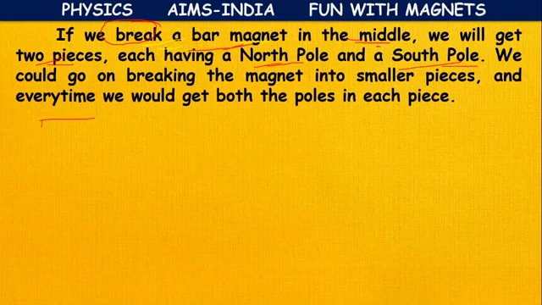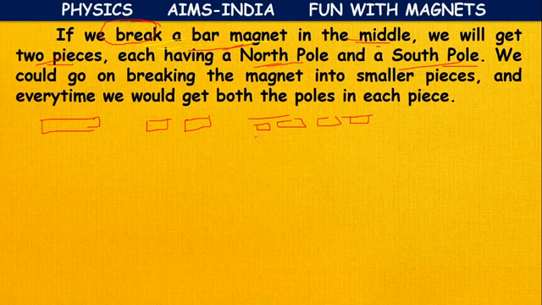Suppose I take one magnet and break it into two pieces. Each piece will have a North Pole and a South Pole. Again, I break each piece into two, so I get four pieces. Then also each piece will have a North Pole and a South Pole.